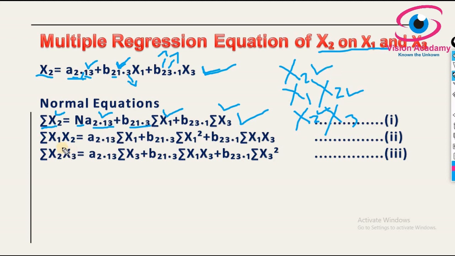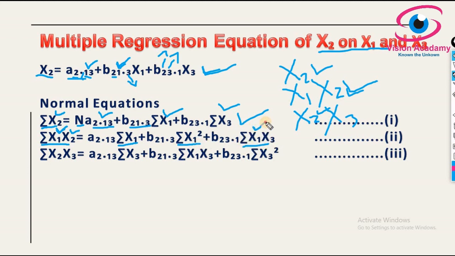So for the second equation I will consider summation x1 x2. Here I need to consider all the combinations relating to x1, because we will exclude x2 here. The x1 relations established are, first, summation x1, second, summation x1 square, and third, summation x1 x3.